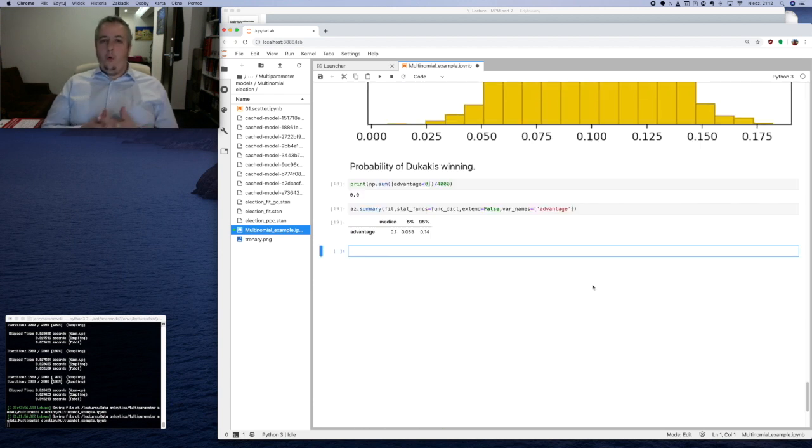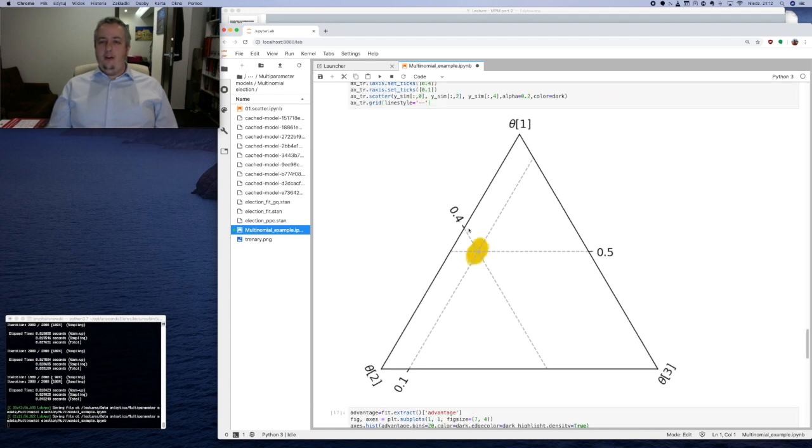So what we did here: we took a simple model on categorical data with 3 parameters, which were in the form of a simplex. So not a normal vector, but a vector limited to a triangular space, in a sense.